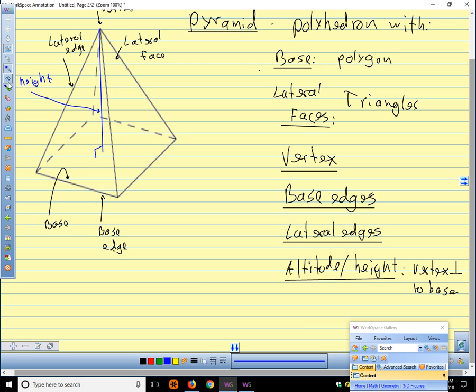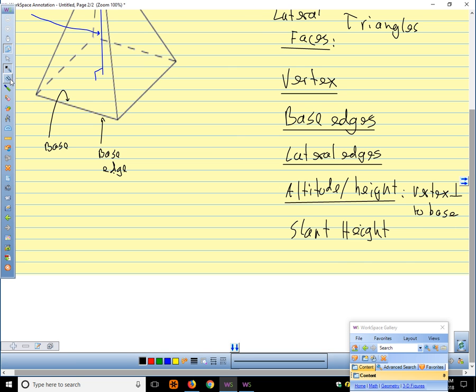And another important piece is a slant height. The slant height goes from the vertex perpendicular to a base edge.